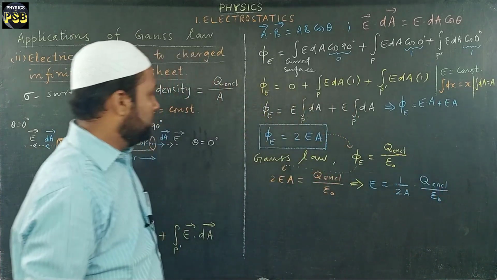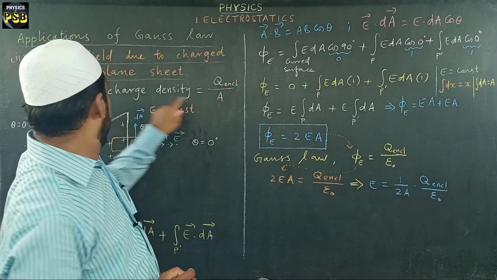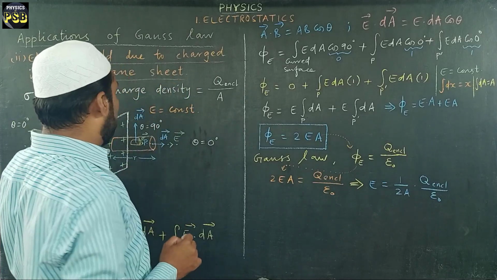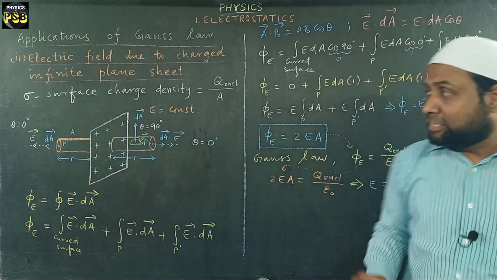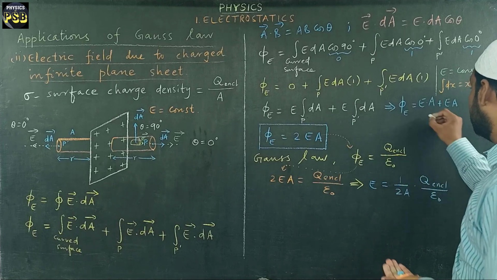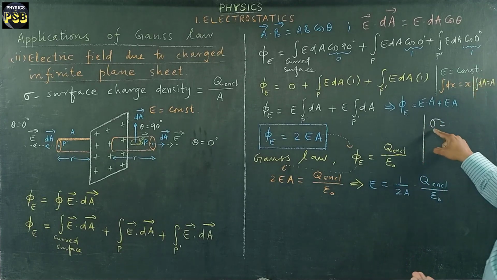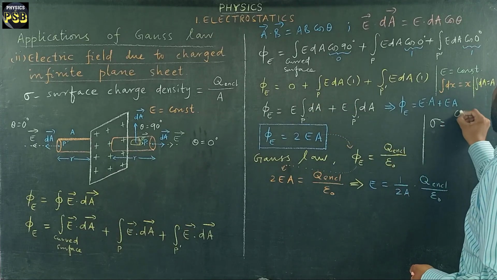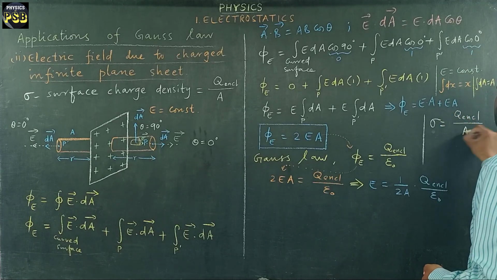Now, if you remember, we wrote this expression at the beginning of this topic. Sigma is the surface charge density. Surface charge density is equal to enclosed charge upon area.